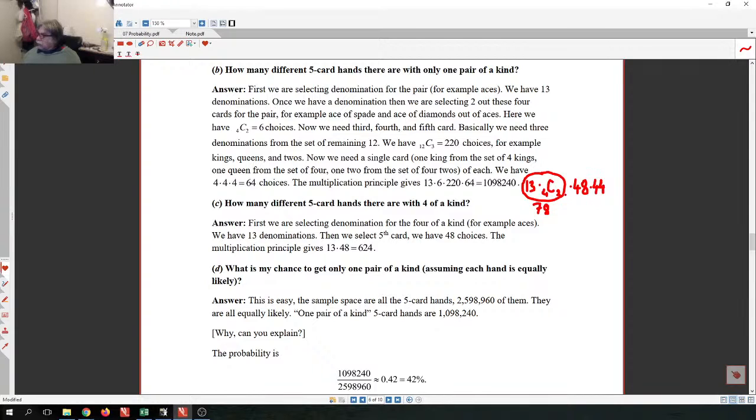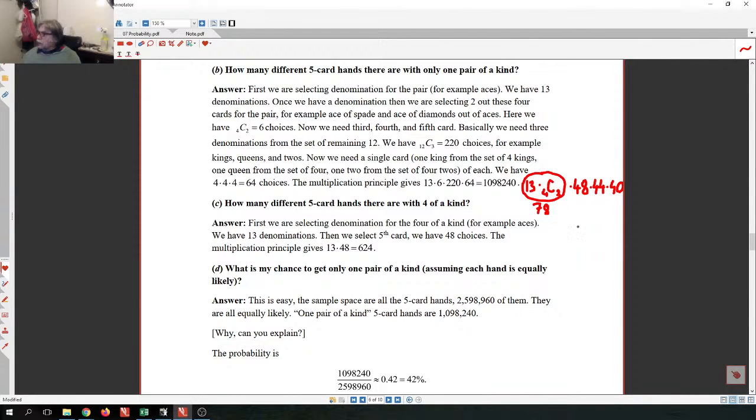Because if this is a pair of aces, the third card could be, I don't know, a queen. You can have neither aces nor queens again, so you would have 44, 8 less than 52, and by the same token the fifth card will have 40 possibilities, 40 options for the fifth card.